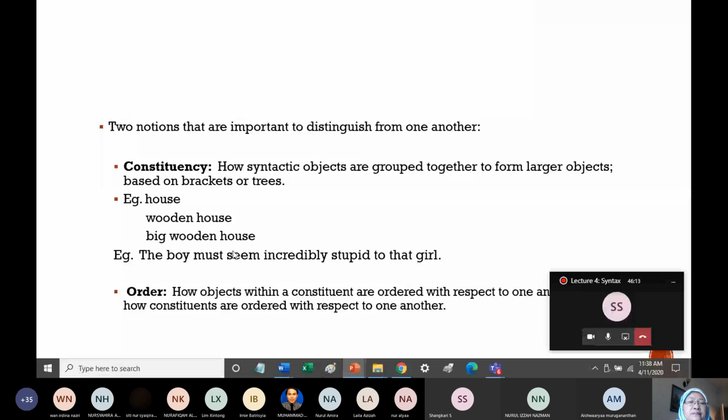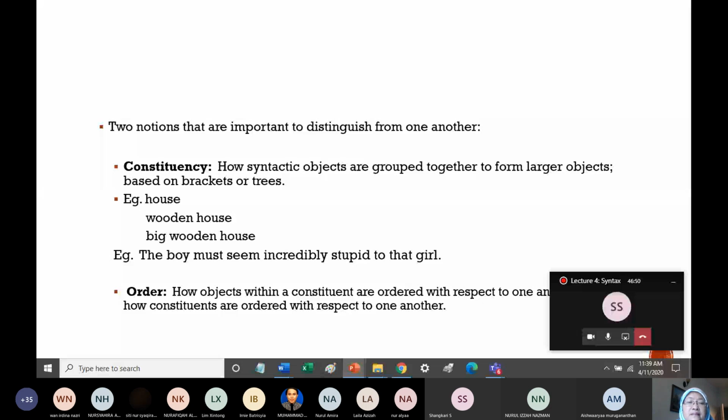But in this instance, for example, house, wooden house, and big wooden house, these are all noun phrases. Later we'll find out what the criteria for a noun phrase are, but house is a noun. And then you have wooden house. Wooden is an adjective, house is a noun.